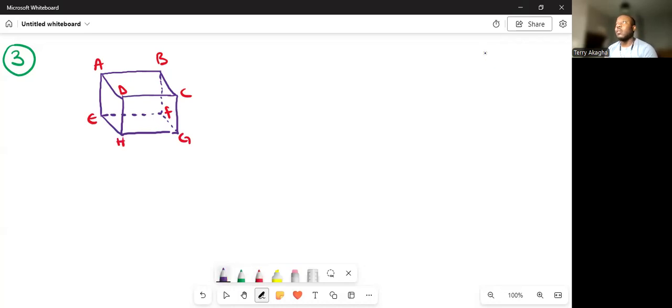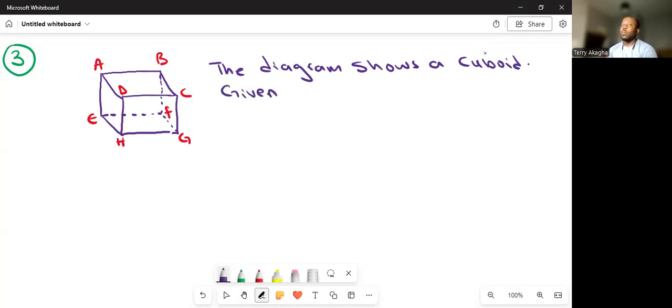So we're told this. Then the question said that the diagram shows a cuboid, okay? Given AB, so A to B, was equal to P, AD was equal to Q, and AE was equal to R, okay?